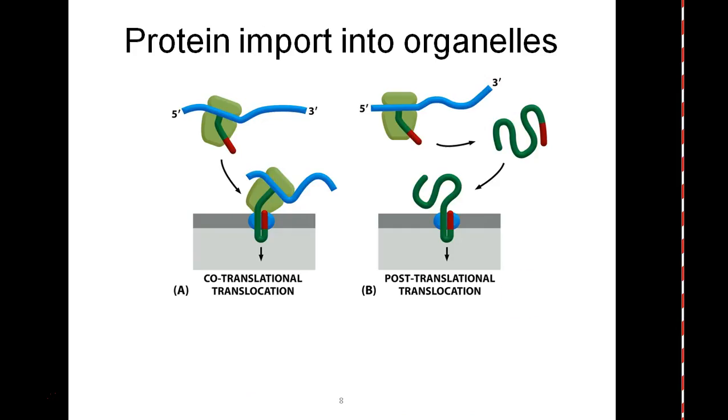And when we talk about protein import into organelles, there are two major strategies for the protein import shown here in panel A and panel B. One is called translational translocation, another one is post-translational translocation. So just by looking at those two panels, what's the major difference between those two strategies?